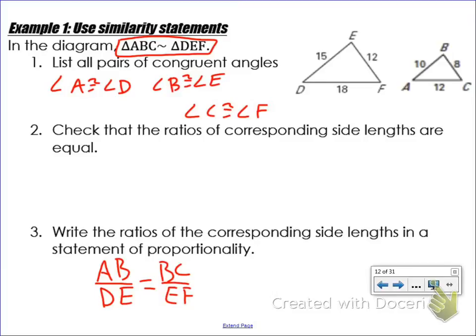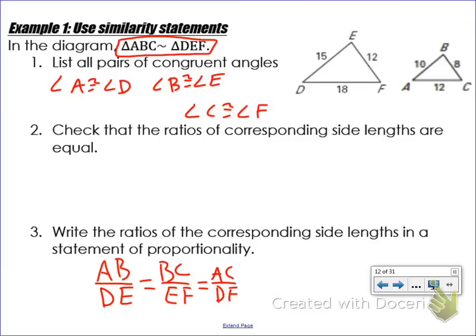So this is my second ratio. And my last ratio is going to be my first and third for my first triangle, which would be AC, over DF, which are the first and third letters for my second triangle. So this is my statement of proportionality. AB over DE equals BC over EF equals AC over DF.